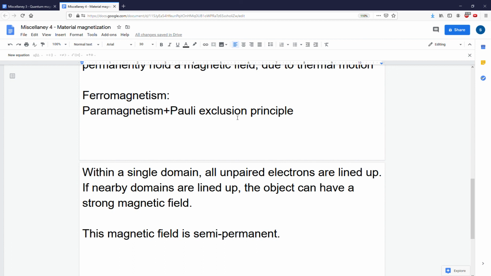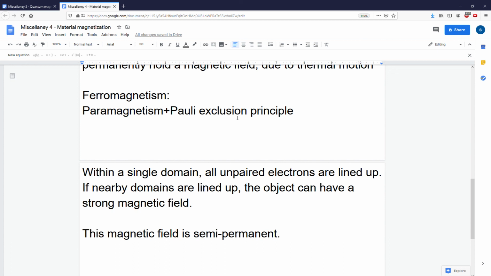Now, it doesn't quite work that way because iron is not a perfect crystal. There are going to be what are called domains. Within the domain, yes, all the unpaired electrons are aligned in the same direction. However, what tends to happen is one domain over here starts forming in one direction, but a domain nearby starts forming in a different direction.